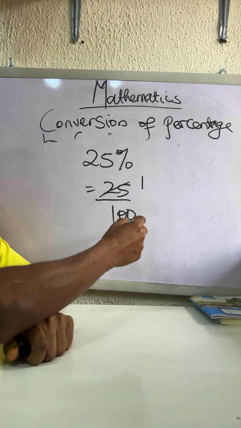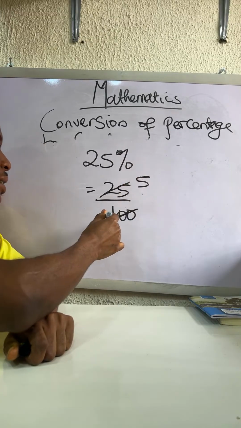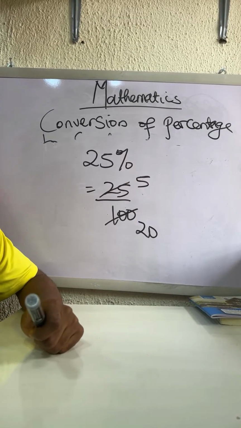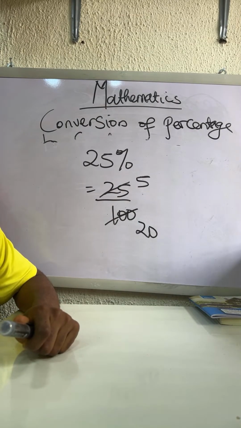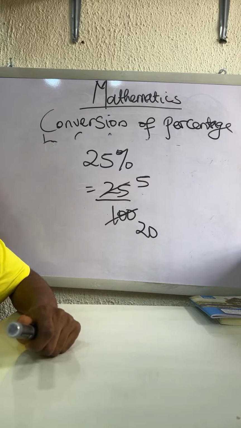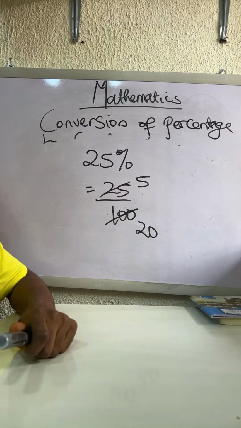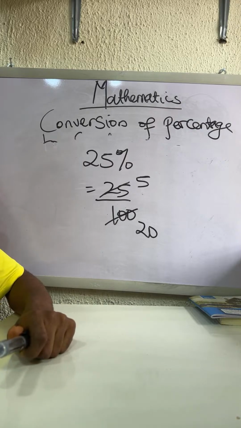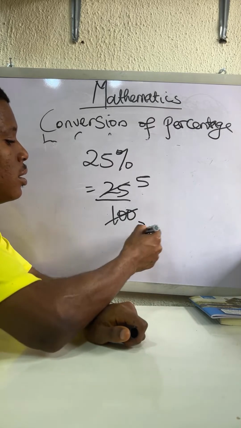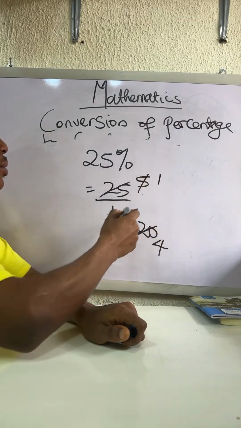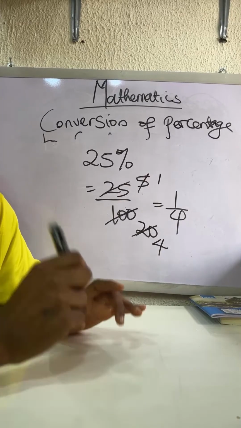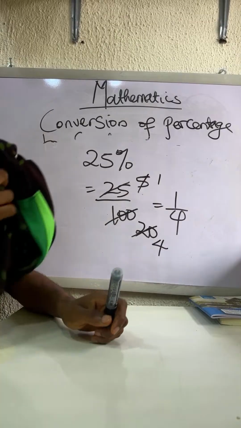You are getting 5. 5 can divide 100. You are getting 20. Observe one thing, that 5 can still divide 5 and itself. So if 5 divides 5, you get 1, and 5 divides 20, you get 4. So the answer is 1 over 4. Correct. Clap for yourself, please. Good.